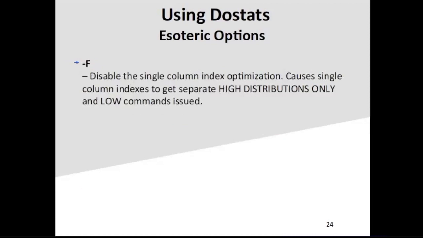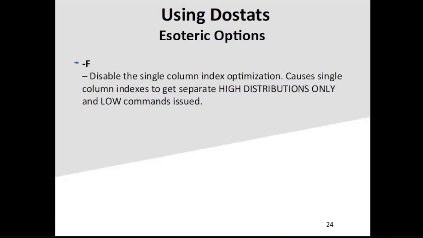Dash F is an option I put in because some very busy servers do better without what's called the single column optimization. One of the recommendations in John Miller's papers on update statistics several years ago was that when you do an update statistics high, you're typically doing distributions only. You're doing the high with the distribution, so you don't have to do a low.